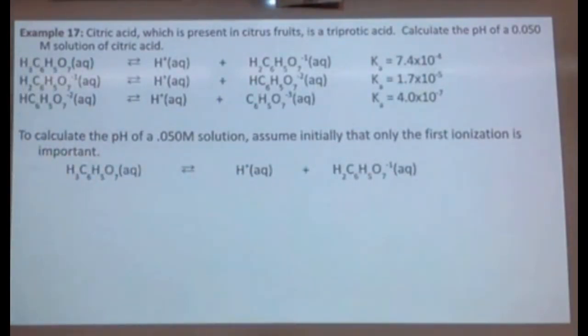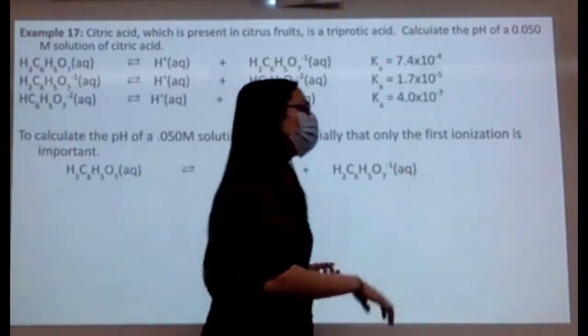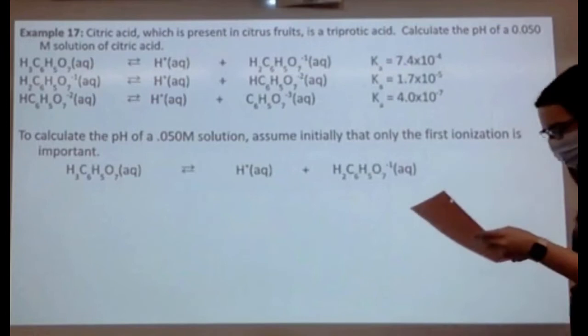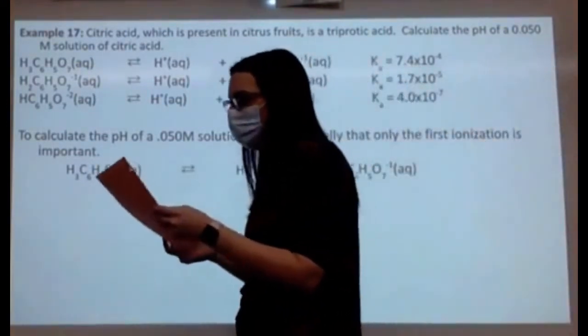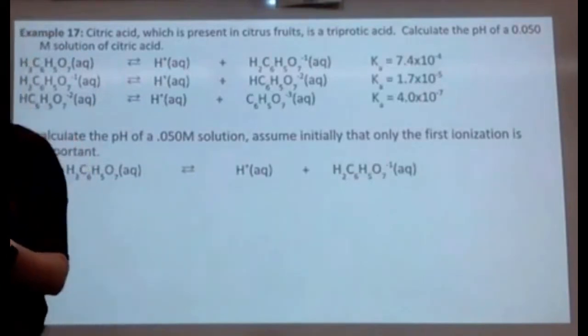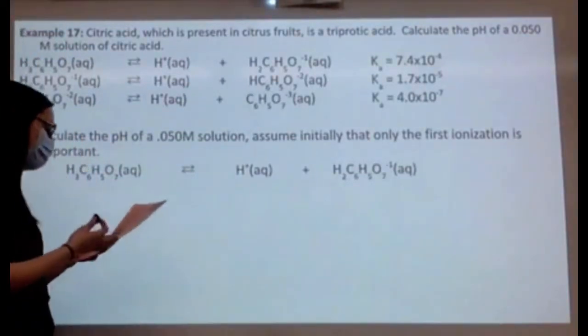It says calculate the pH of a 0.050 molar solution of citric acid. And you see that you have 3 equilibrium equations here. If you actually look at Appendix D, citric acid has 3 Ka values.